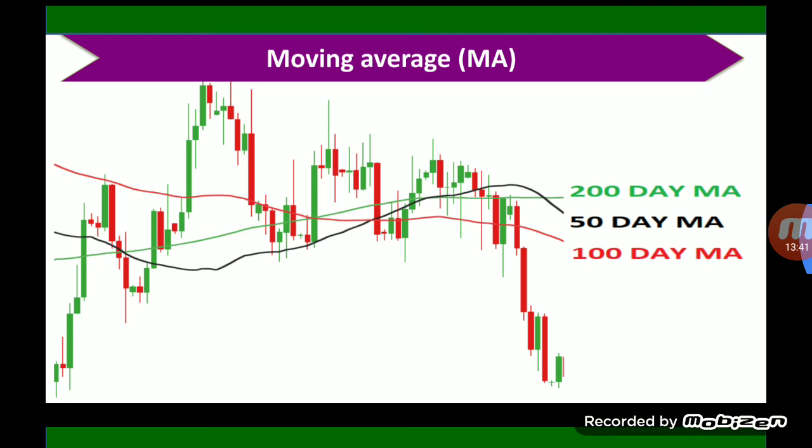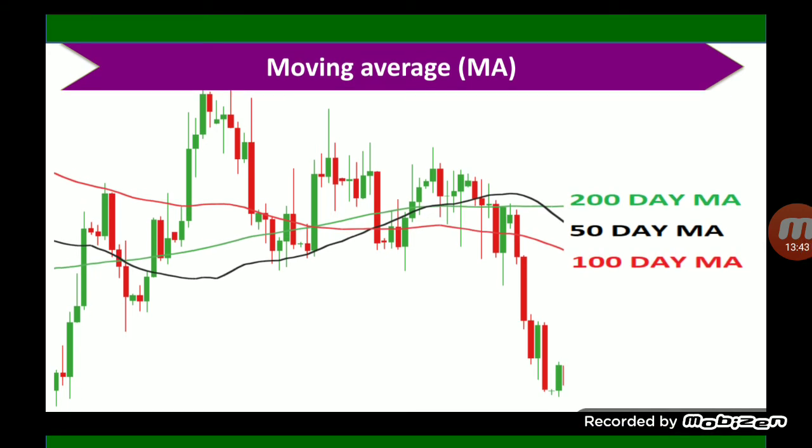Now you can see the different moving averages, like 200 days moving average, 50 days moving average, then 100 days moving average, like that. According to that, the trend line is constructed. Here you can see the short-term fluctuations are excluded, and the average trend line is taken.